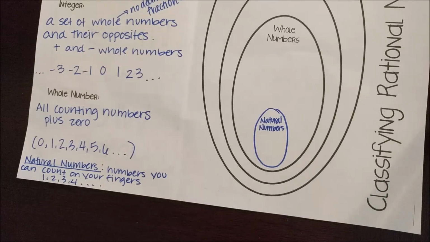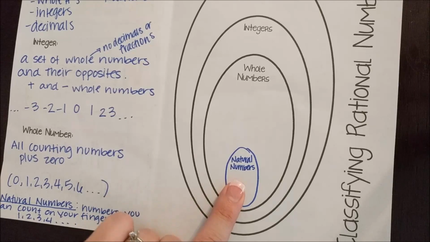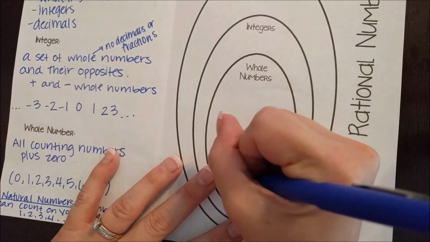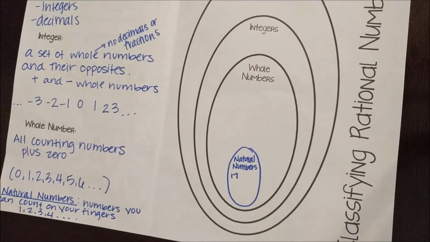So if I asked you, where would I put the number 17? Well, yes, 17 is a rational number. But let's start small. Is 17 a natural number? Is it a number I could count on my fingers? Well, yeah, I could get up to 17 on my fingers. So 17 would be a natural number.